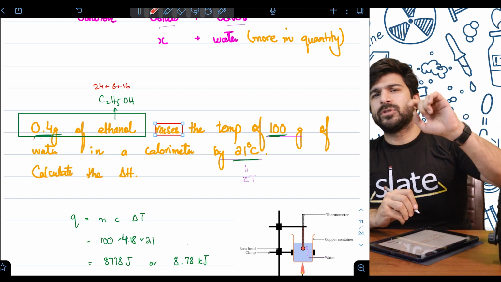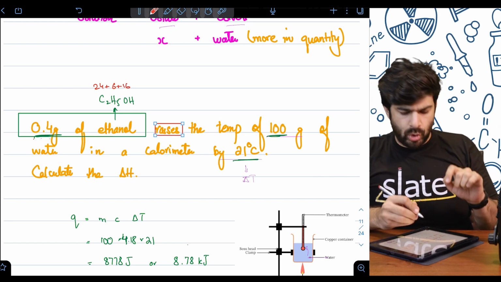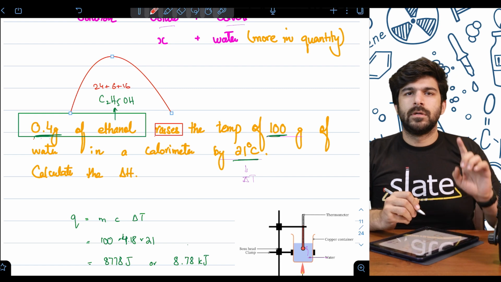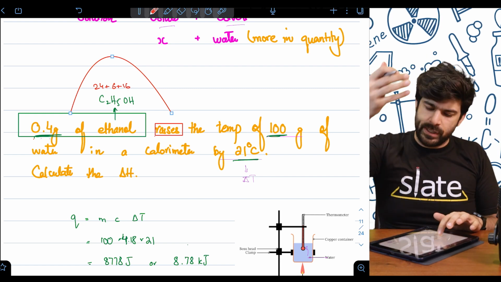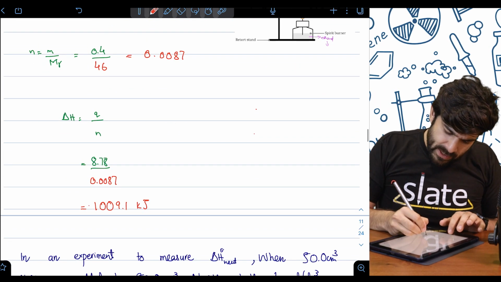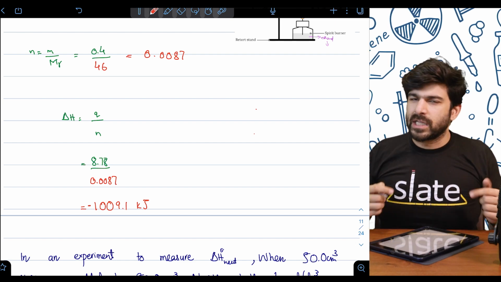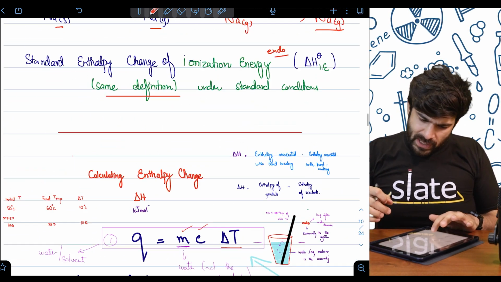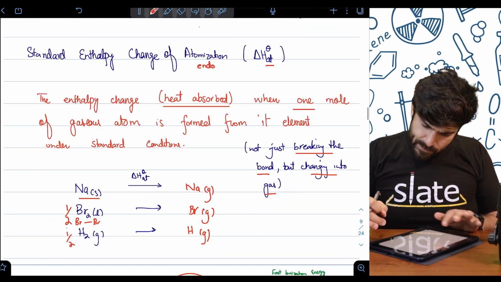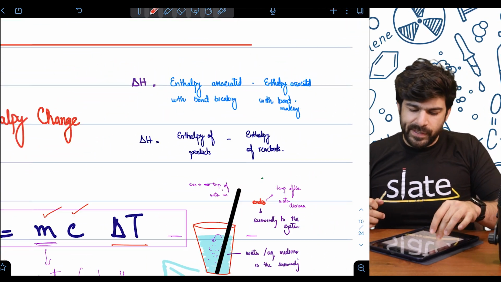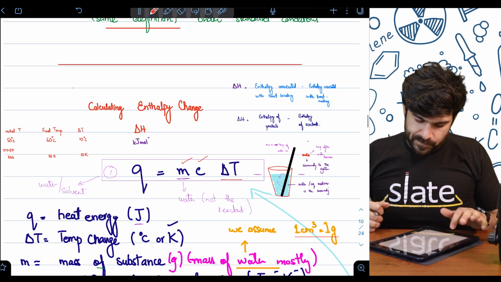So it increased the temperature of water. If this increased the temperature of water, this means this has given out heat. So this would be an exothermic reaction. That is something you need to calculate yourself. In the other formulas, we easily find out the sign, but here we need to calculate it ourselves.